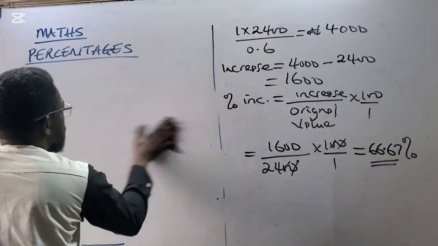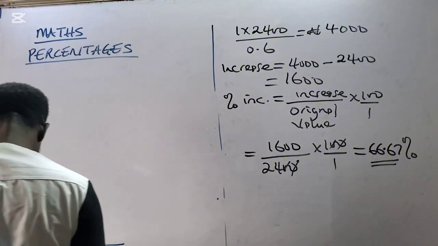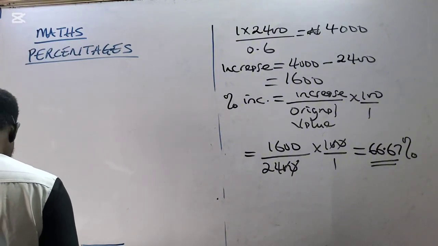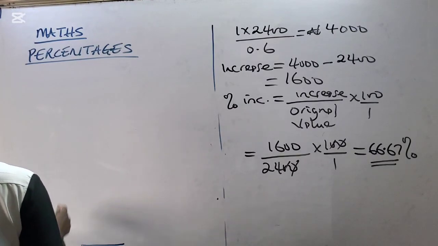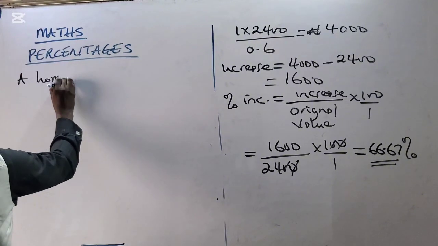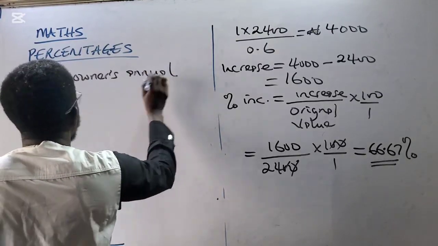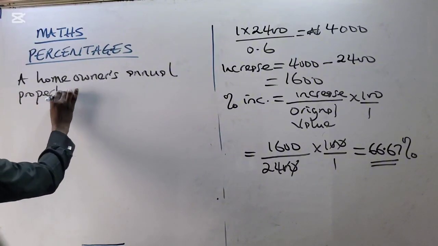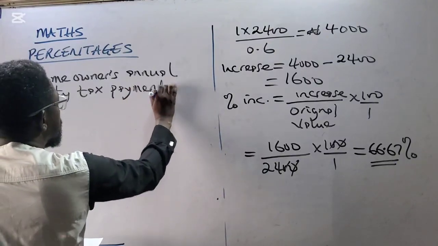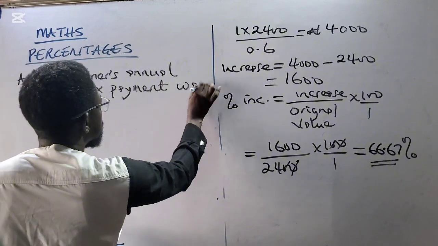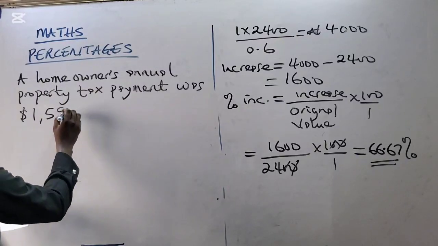Next question is actually an SAT question. The SAT question says, a homeowner's annual property tax payments was $1,596.